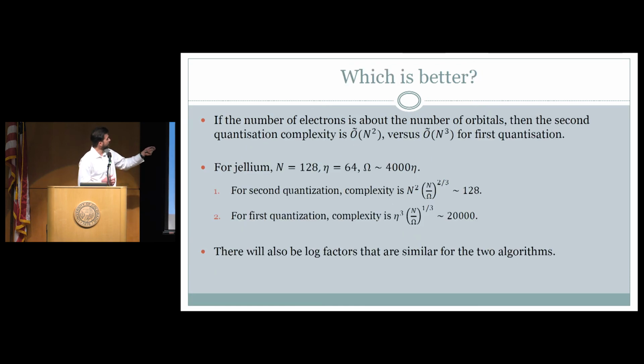And then Guang Hao's scheme actually goes like n squared. So if you look at realistic scenarios, you would be getting orders of magnitude improvement using Guang Hao's approach. And I should mention as well that this is omitting some constant and logarithmic factors, but they should be the same for the two algorithms.